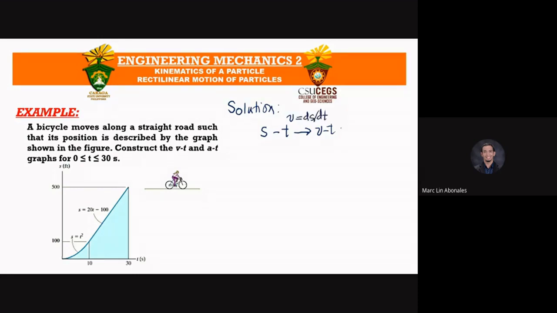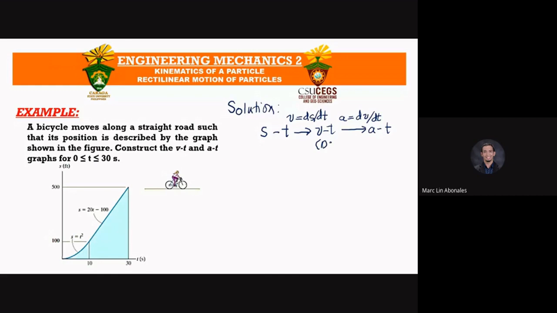And afterwards, once you construct VT, you can construct the corresponding AT graph using this kinematic equation, a is equal to dv over dt. What you will use to construct the VT and AT graph from the given ST graph is the derivative.